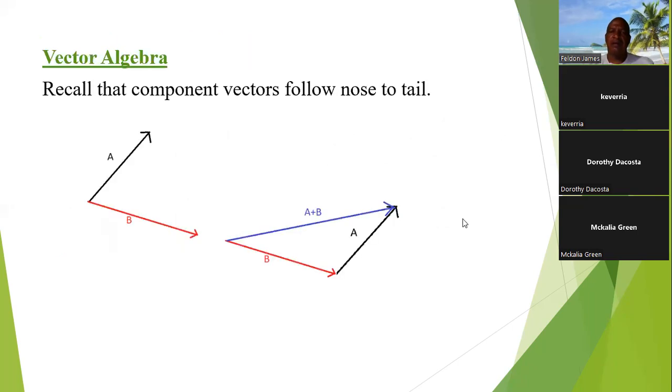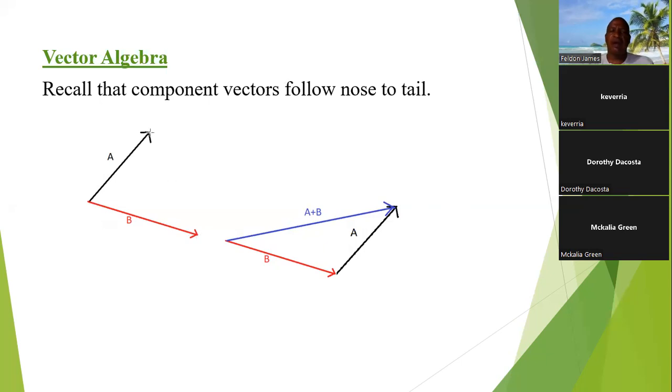All right, moving along. So here we have a scenario where we have these two components starting tail to tail. So we could draw this into a parallelogram and use the parallelogram rule.